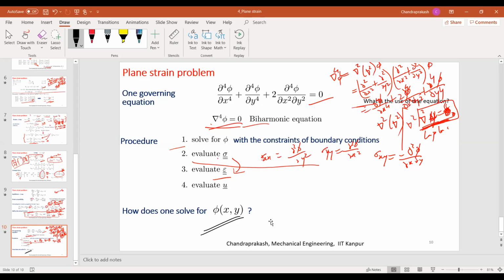It is actually not a suspense, it will come in 2 weeks, in the 2 lectures after. So a plane strain problem can be converted to a single partial differential equation. Rather, the Beltrami-Michell equations, those 6 equations, can be converted to one single equation when it is a plane strain problem.